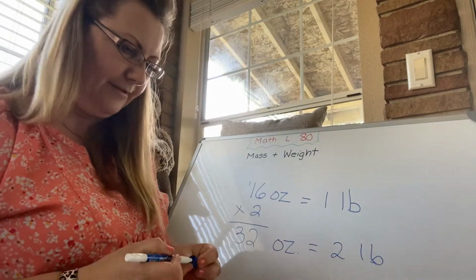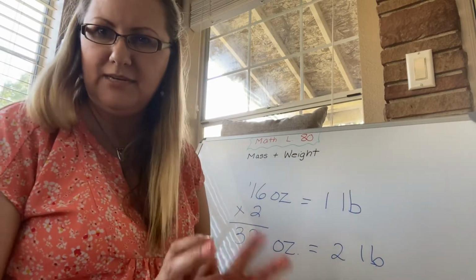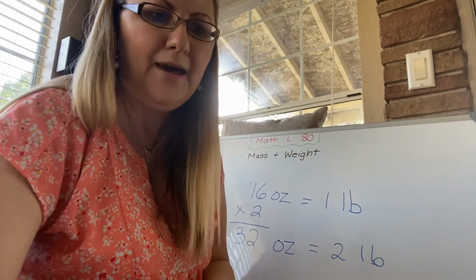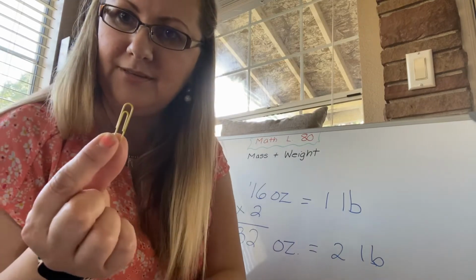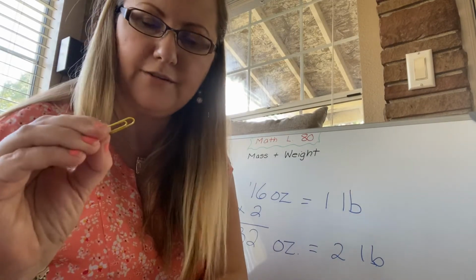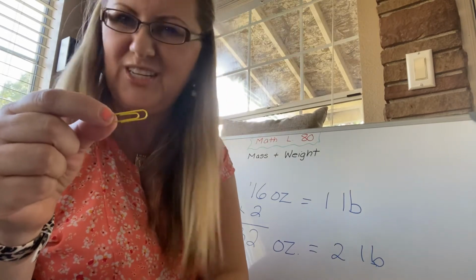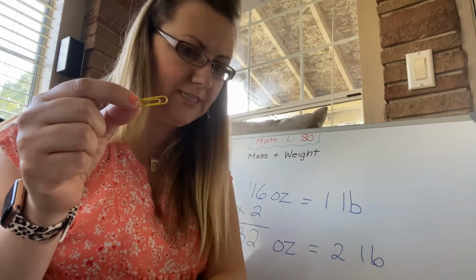Okay. Let's see, as far as ounces go, to give you an idea, an ounce is about the size of a small paper clip. So can you see that? I chose some colorful paper clips. This is a smaller one. We usually use the larger ones in the classroom to clip our papers together.